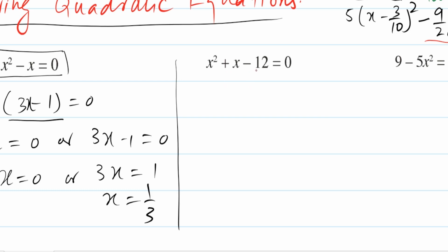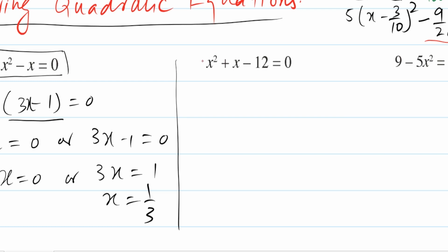x squared plus x minus 12 is equal to 0. Here the coefficient of x squared is 1, multiplied by minus 12, that is a multiplied by c, the coefficient of x squared multiplied by the third term, and we get minus 12. This is negative, so we need two numbers whose difference should be 1 and whose product should be minus 12.